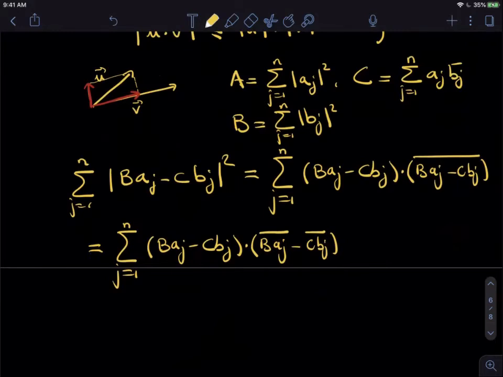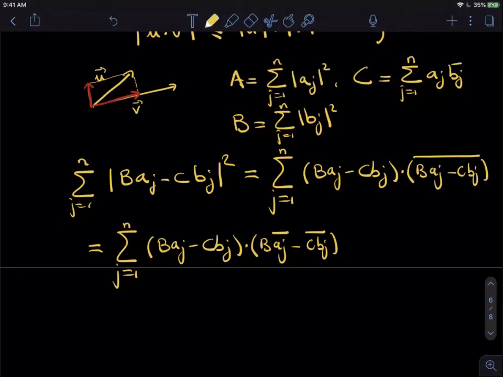Because if we look at B, it's a real number because we are adding together the magnitudes, the modules of the Bj that are real numbers, the absolute values. So we can just keep the modulus on the number that is actually complex, AJ. B is purely real.